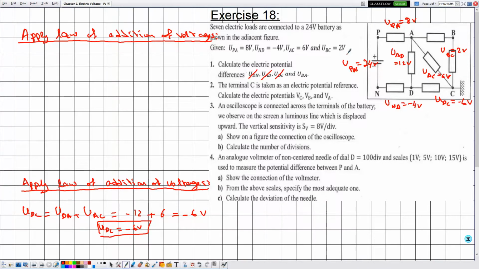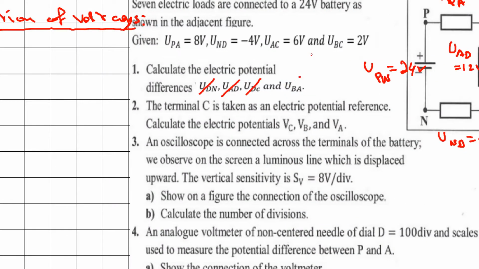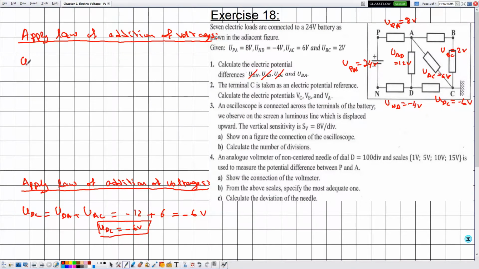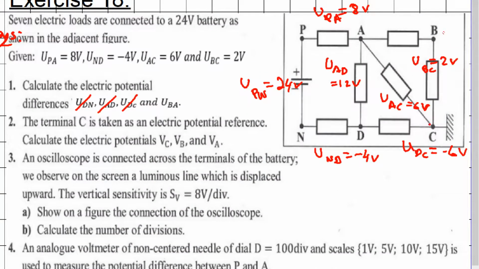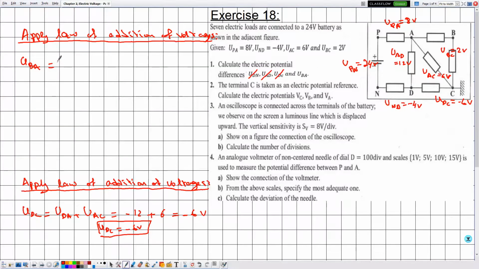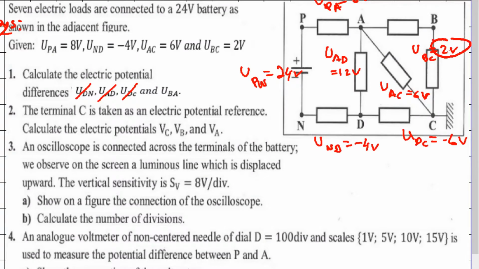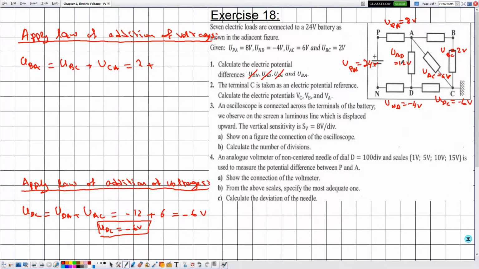So in this case, we write on the left the voltage that we are interested in calculating, which is UBA. So from B we can go to C, and from C back to A. The value of UBC is given by 2. If UAC is equal to 6, then UCA is minus 6, then this is given by minus 4 volts. So UBA is given by minus 4 volts.